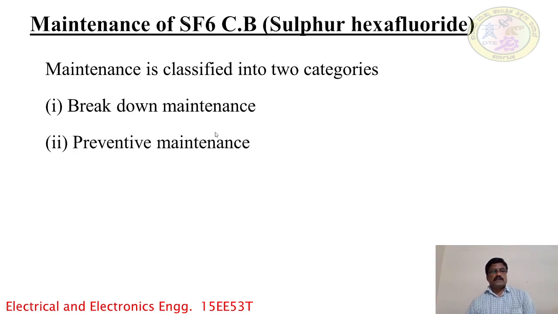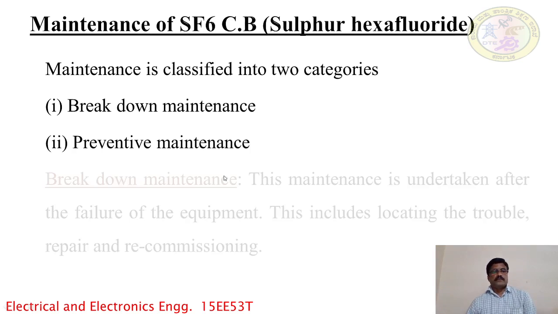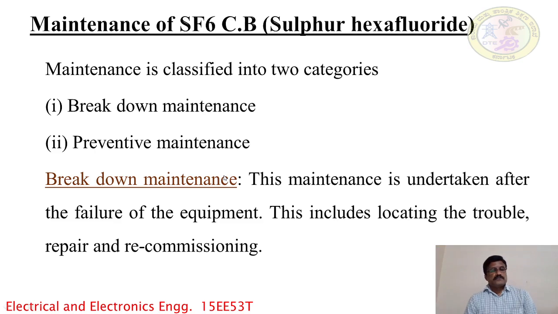So what do you mean by breakdown maintenance? In this maintenance, work is undertaken after the failure of the equipment. So what it means, after the failure of the circuit breaker, the maintenance is needed.